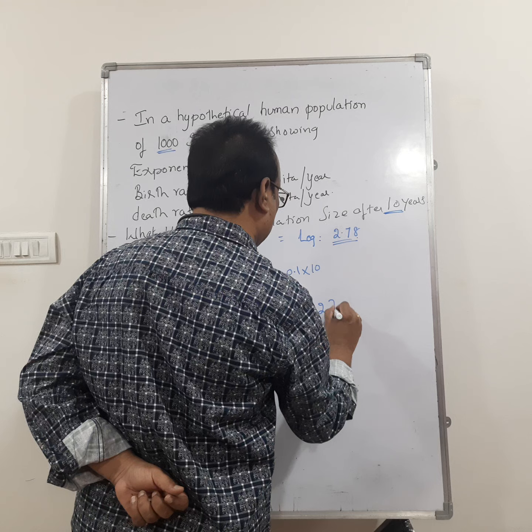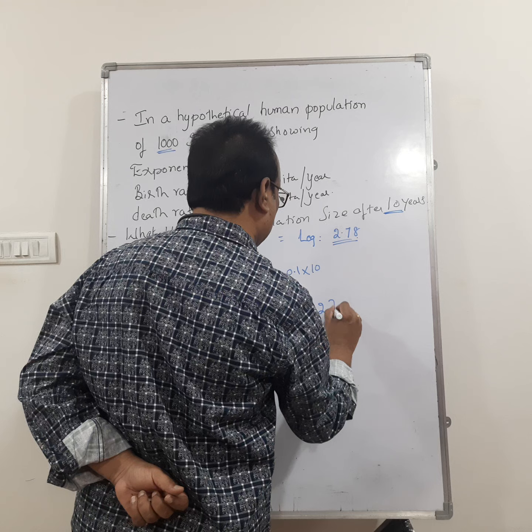So what is the formula here? Nt = N0 e^(rt). The base of the logarithm is also given: 2.78. They are asking the population after the time period of 10 years, right? So N0, what is the initial population?